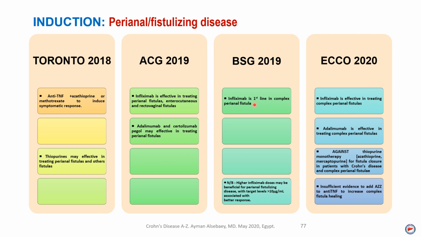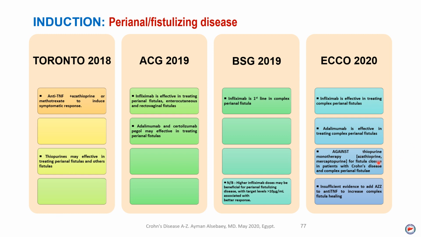The BSG said infliximab is the only drug approved as number one. ECCO said number one use infliximab, but ECCO and the British guidelines wrote frankly about complex perianal fistula.